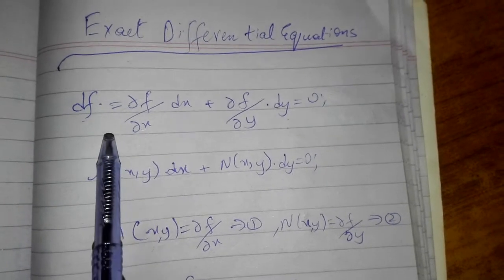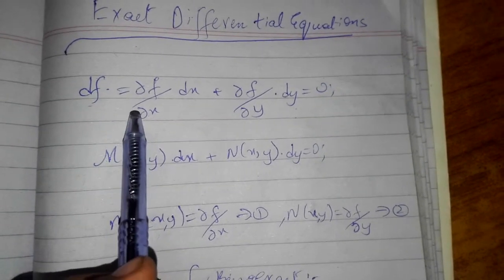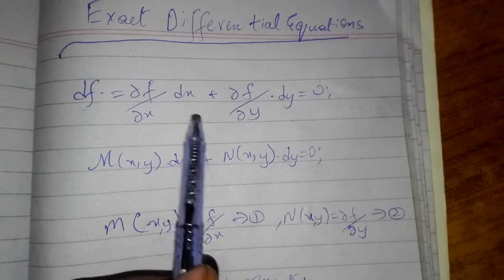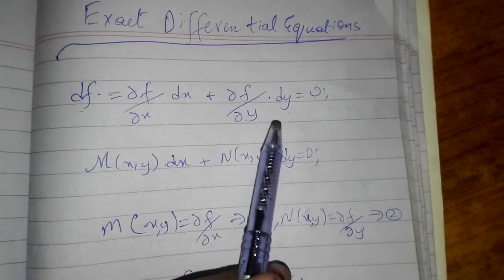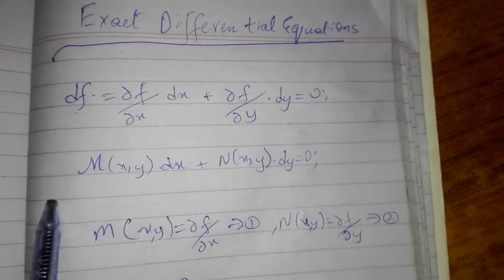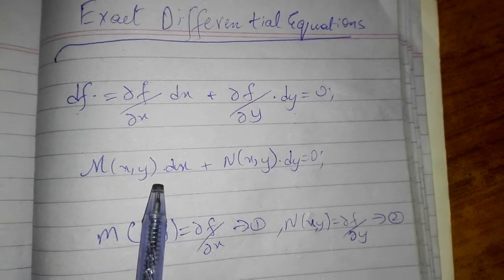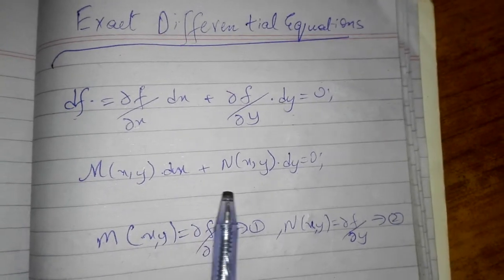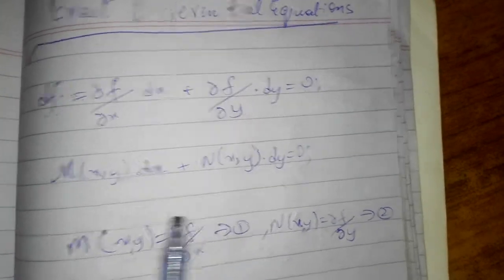Today I'm going to teach you exact differential equation. df is equal to ∂f/∂x multiplied by dx plus ∂f/∂y multiplied by dy is equal to 0. So M(x,y) dx plus N(x,y) dy is equal to 0.